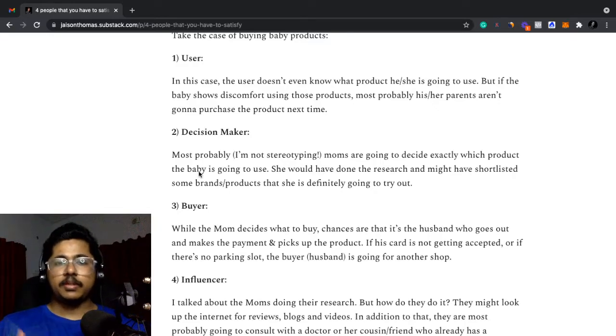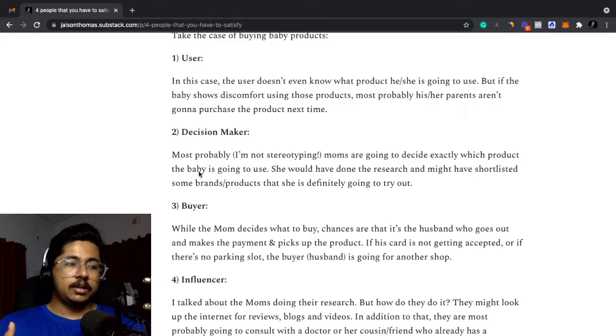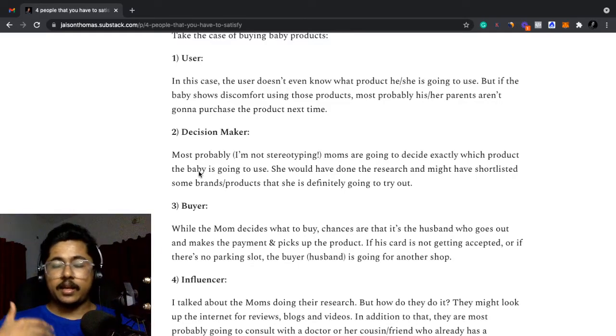So that's the change. So you have to convince that decision maker. You have to have campaigns that are going to strike that decision maker, right? For example, when the salesman comes up with a question that okay, I have this product, this problem, what should I do? Then the decision maker should have something on top of her mind that can recommend that, and maybe end up buying it, right?